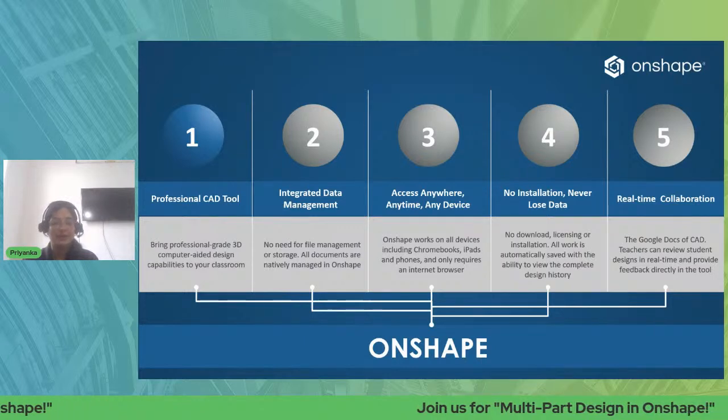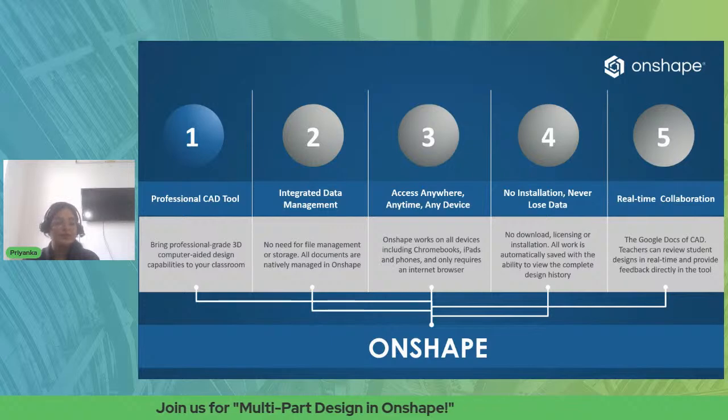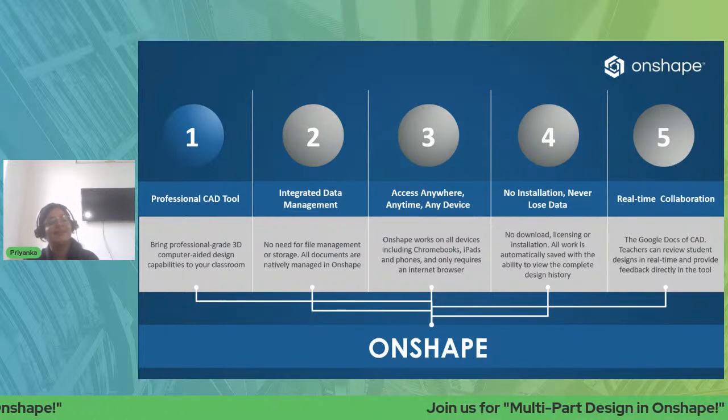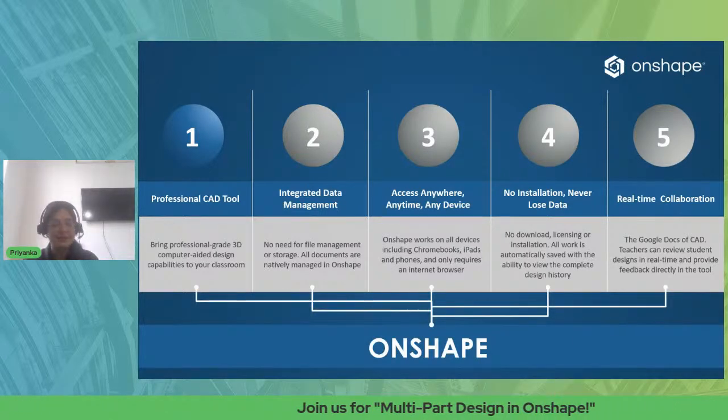It's a great advantage that everything is stored on the cloud. It's web based, so students are able to connect anywhere and have access to their work and their accounts anywhere.